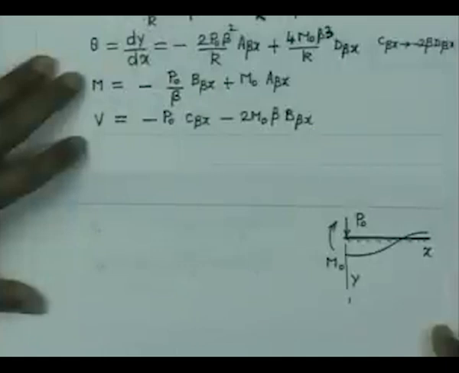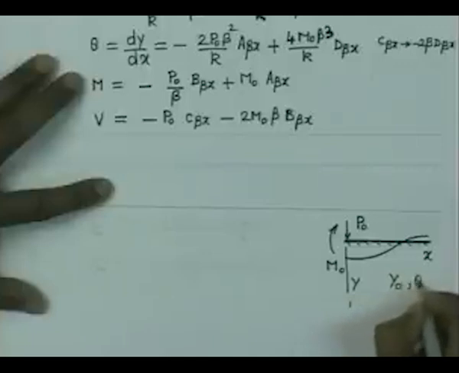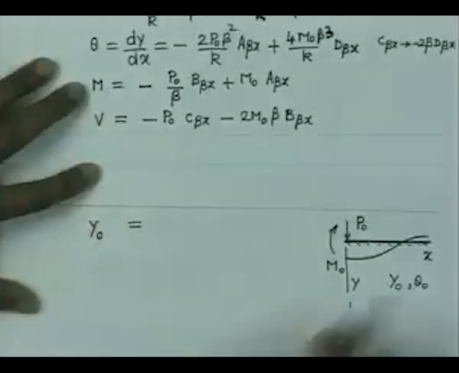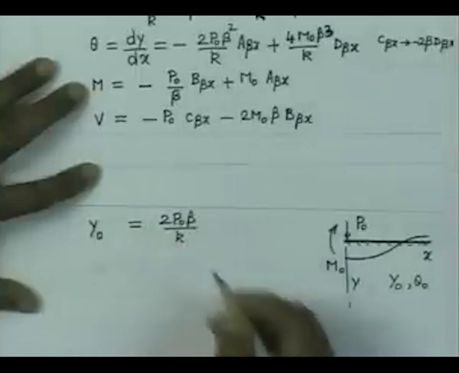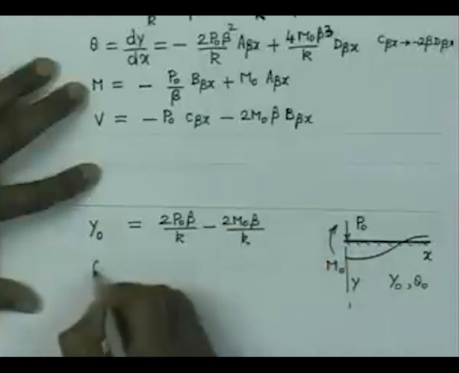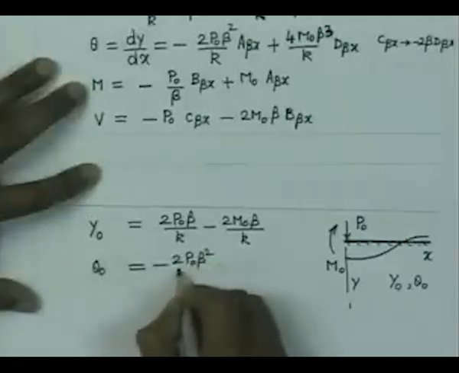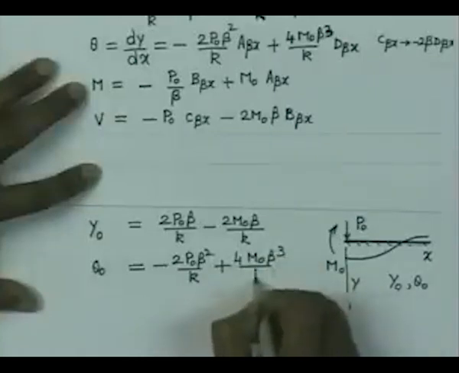If we evaluate the value of deflection at x equal to 0 and slope at x equal to 0, and represent the deflection at x equal to 0 as y0 and slope as theta 0, then from the expressions that we have derived we get y0 is equal to 2 times P0 beta by k minus 2 times M0 beta square by k, and theta 0 is equal to minus twice P0 beta square by k plus 4 times M0 beta cube by k.